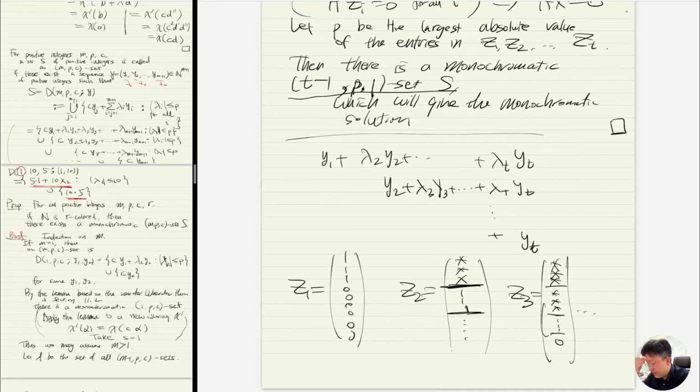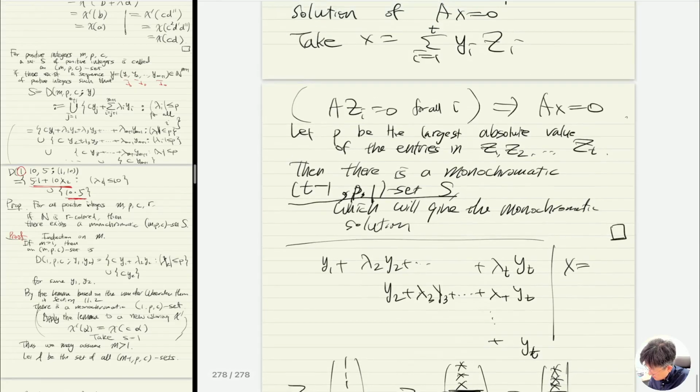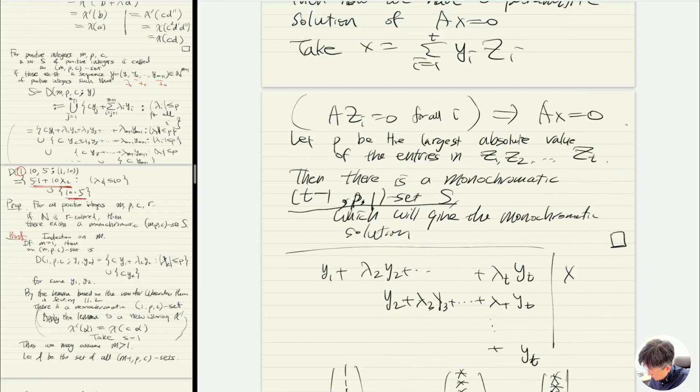So if I had an MPC set, then what's going to happen? Right. So what we know is x is equal to this linear combination of yi Gi.